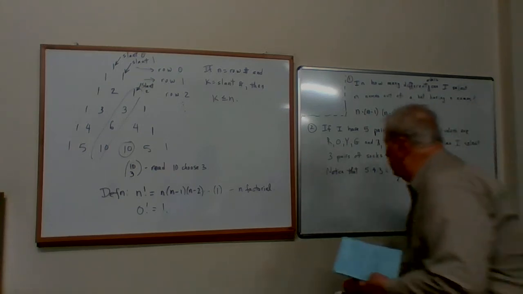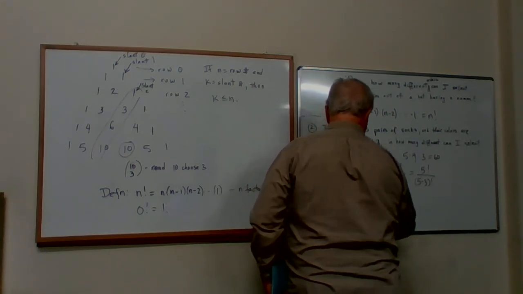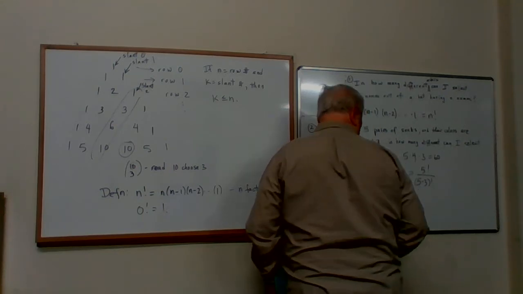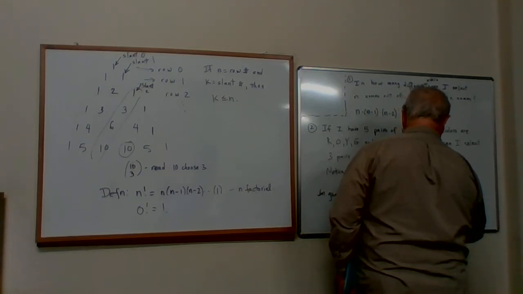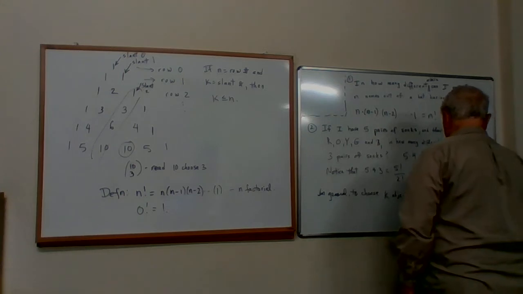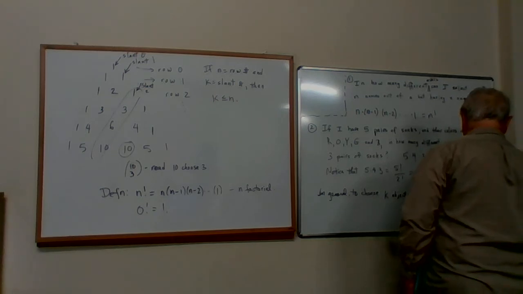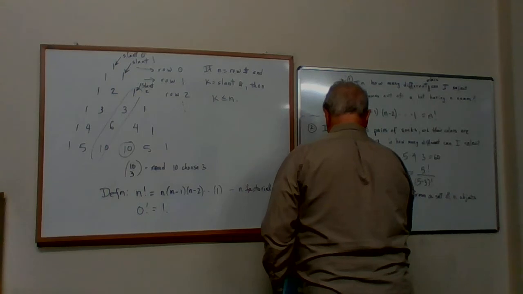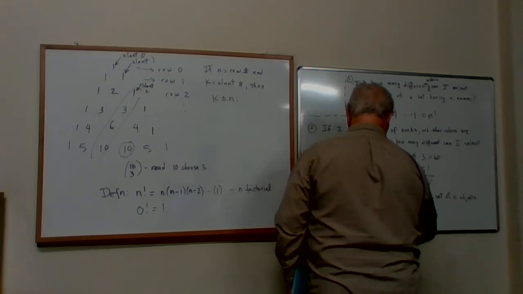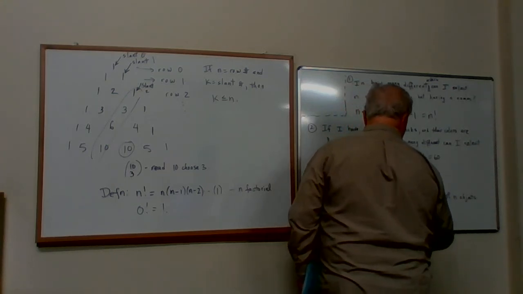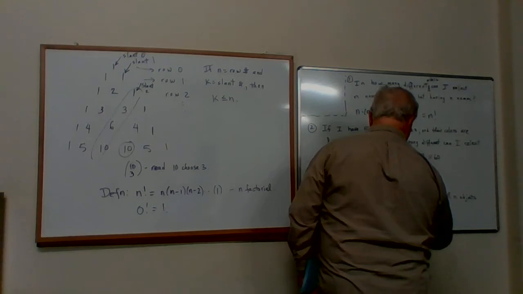So in general, to choose k objects from a set of n objects, if order is important, is n factorial over n minus k factorial.